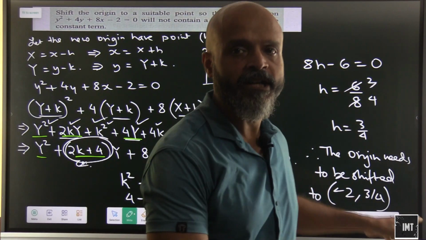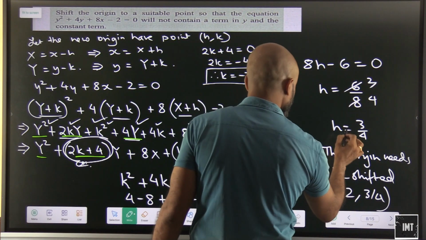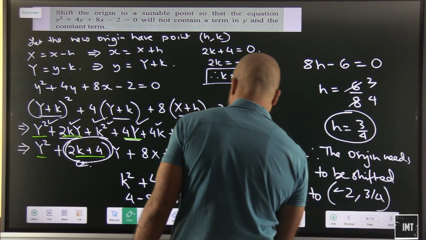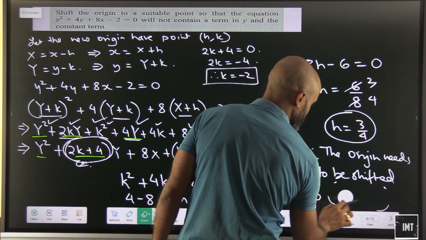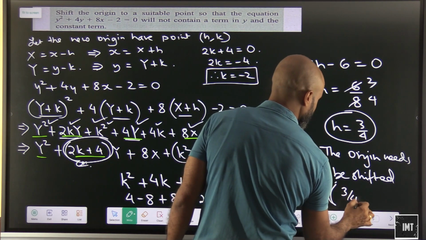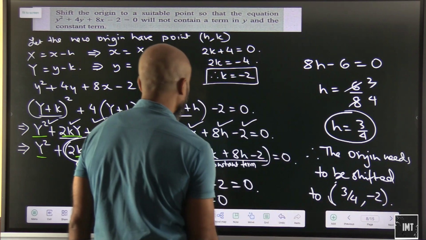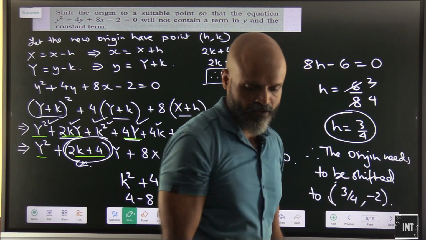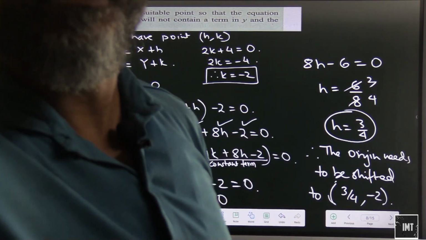Just a correction here: I had assumed this to be h and k, so I wrote it the opposite way. I am so sorry. So h will be 3 by 4, and k will be minus 2. That's going to be the entire equation here.